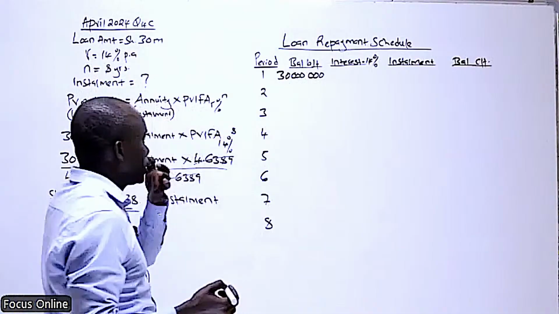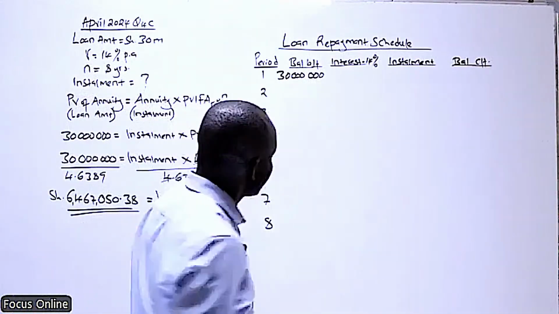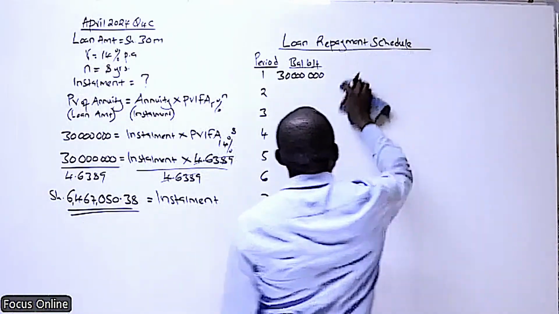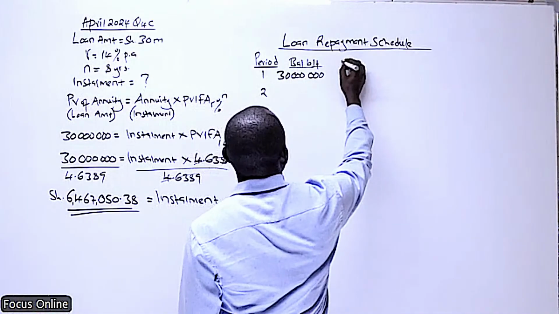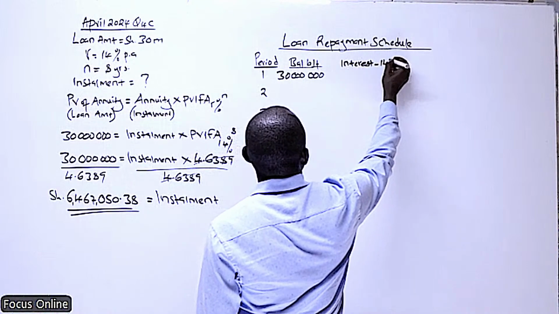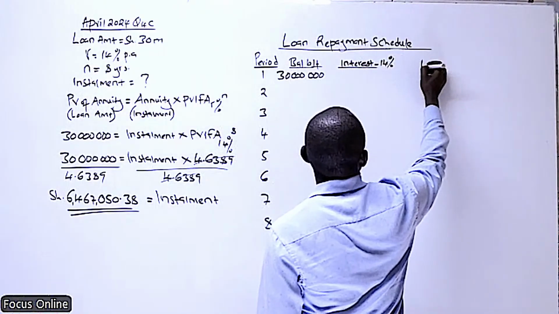So balance brought forward is what we've borrowed. Here we will charge interest at 14%. Here we will make our installments.